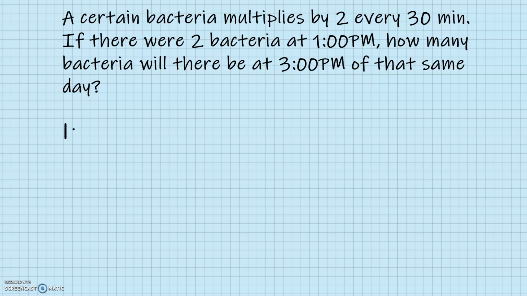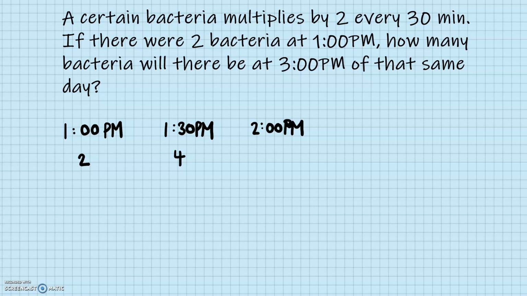At 1 p.m., that's when we're starting, there were 2 bacteria. And then at 1:30 p.m., it doubles, or multiplies by 2 every 30 minutes, so there's going to be 4.